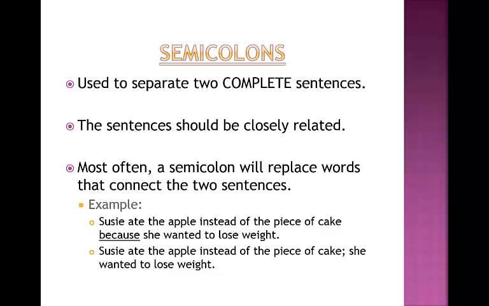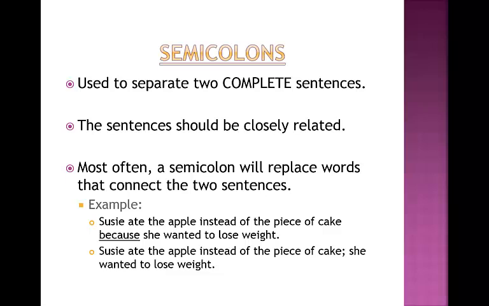So if you look at an example and what's on either side of that semicolon can't stand as a sentence by itself, you already know that you're using it incorrectly. The sentences also have to be very closely related. They need to be talking about the same idea. Okay, and more often than not, a semicolon will replace the words that connect the sentences.